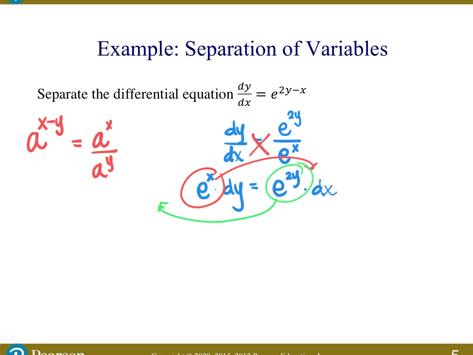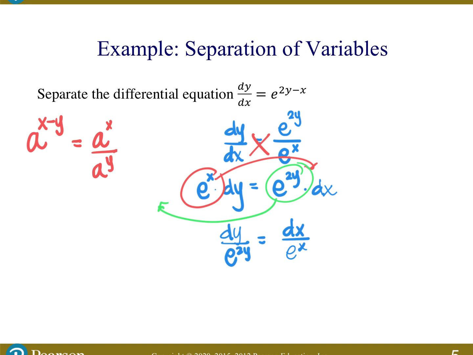Anybody want to take a stab at what that's going to look like once I've moved them around? Okay, Rose. dy over e to the 2y equals dx over e to the x. So what algebraic step did you use? Division. I divided both sides.